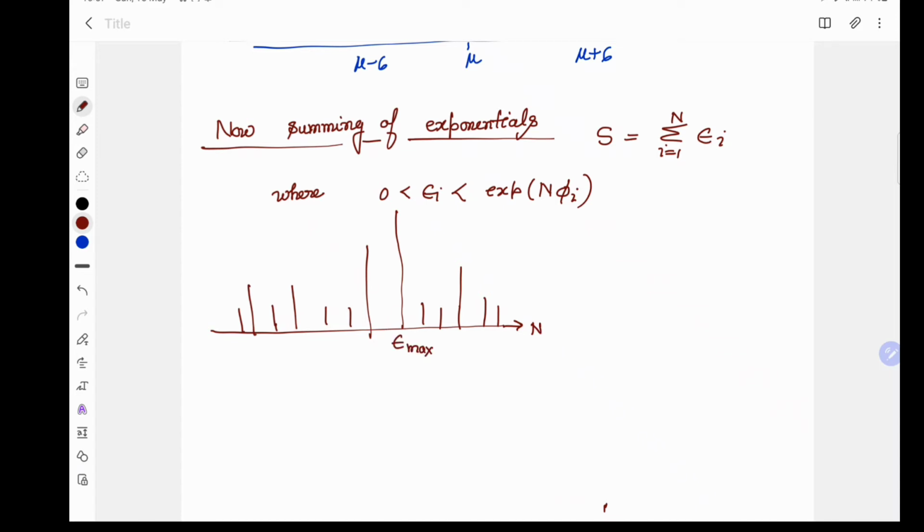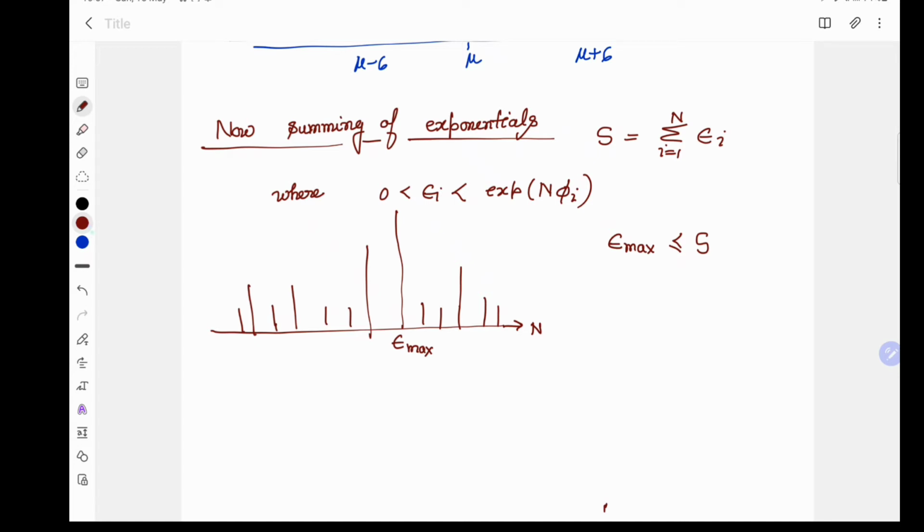Now one can always write epsilon max is less than S. S is the sum of all epsilon. So certainly epsilon max will be less than or equal to the total sum.